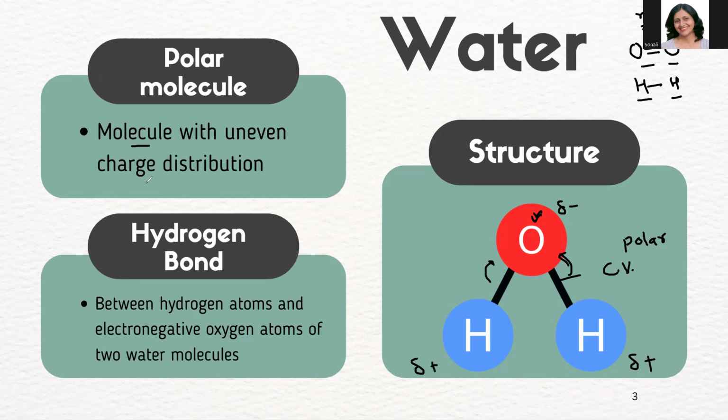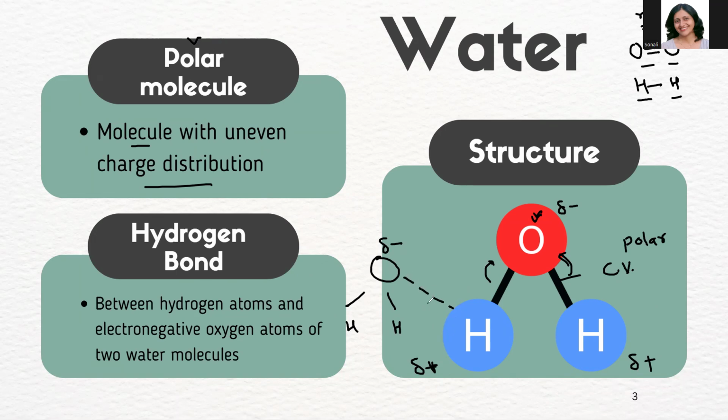A molecule with uneven charge distribution is called a polar molecule, and hydrogen bonds form between the positively charged hydrogen and the negatively charged oxygen of another molecule.